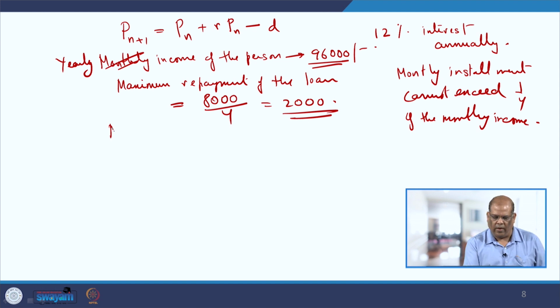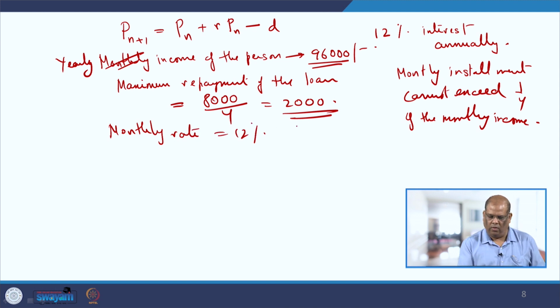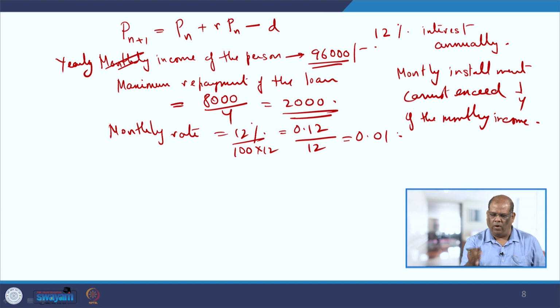Your monthly rate is 12%. You take the percentage 0.12 and you divide it by 12. So, 0.01.